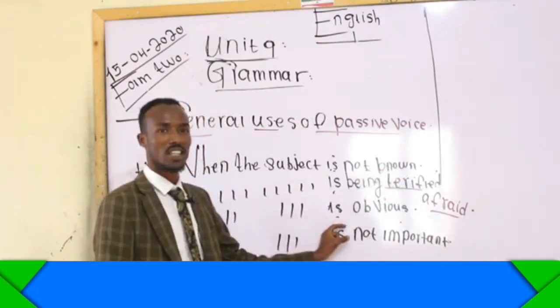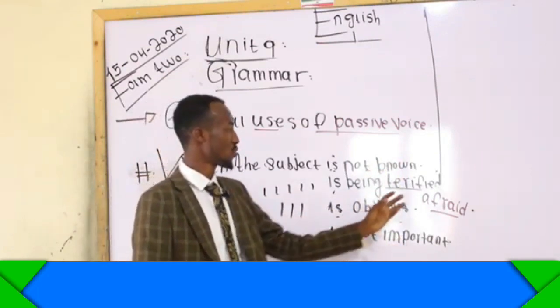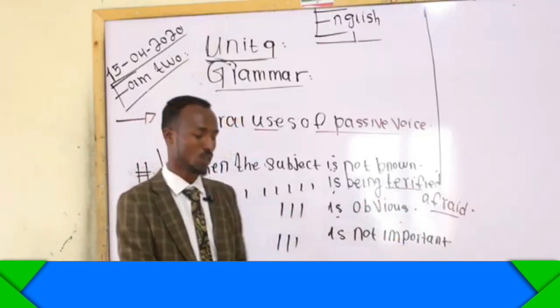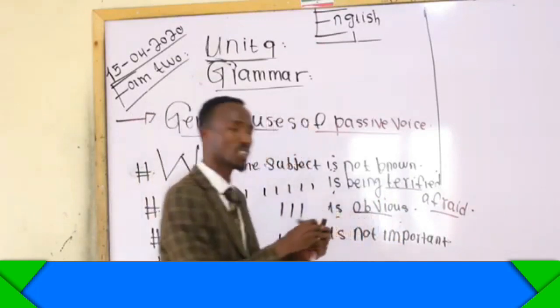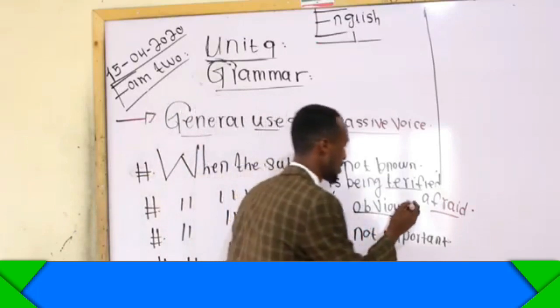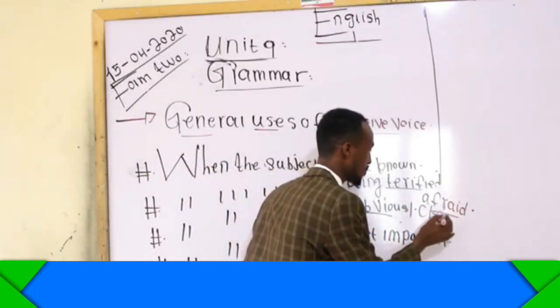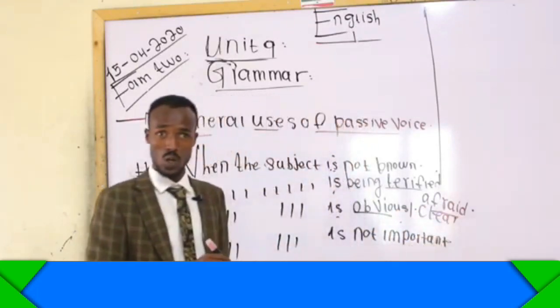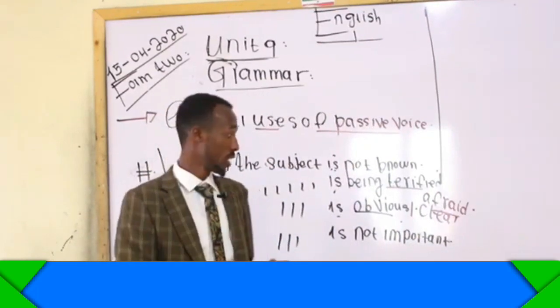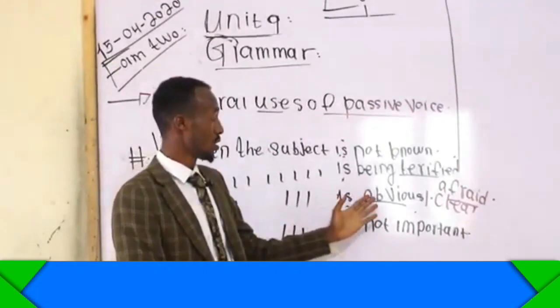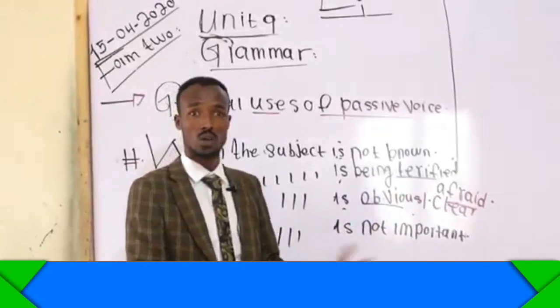The third one, when the subject is obvious. Obvious means clear. You know this one? This one means, dear students, clear. You know who did this, but it's obvious, it's clear, everyone knows.